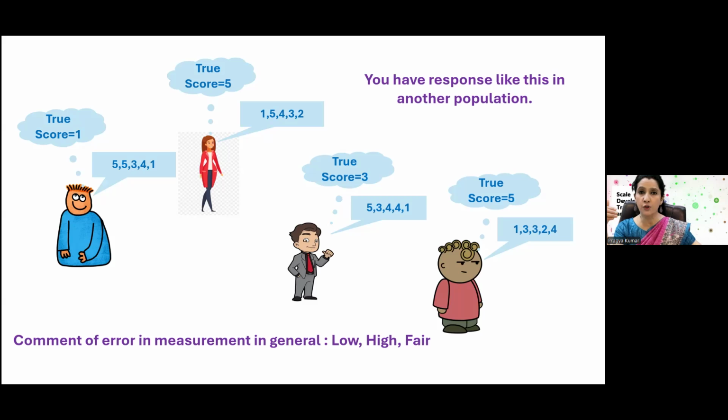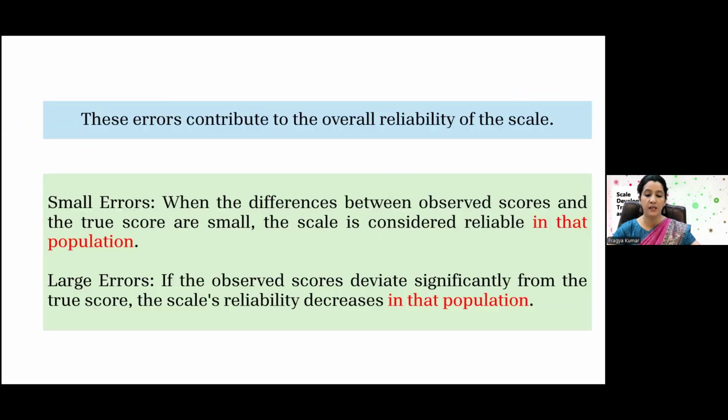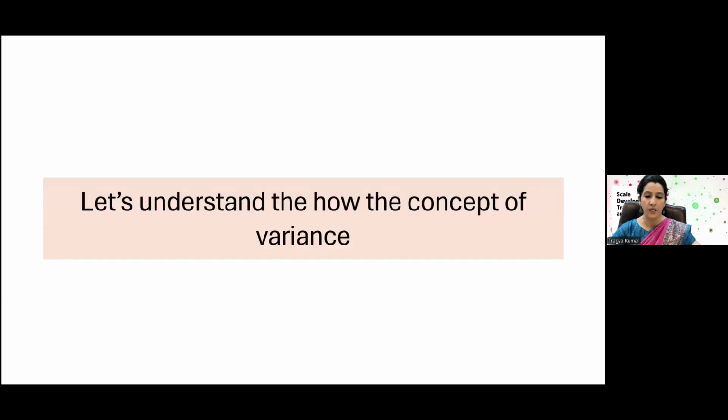The item which you have selected, or the response format which you have selected, or the person who is answering, probably has not understood the item correctly. So whatever he is answering, there's a deviation, and that you can say that the scale reliability is not good.